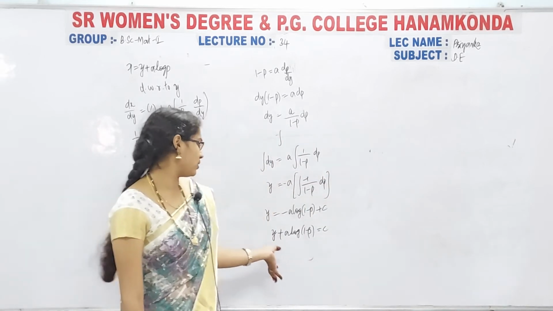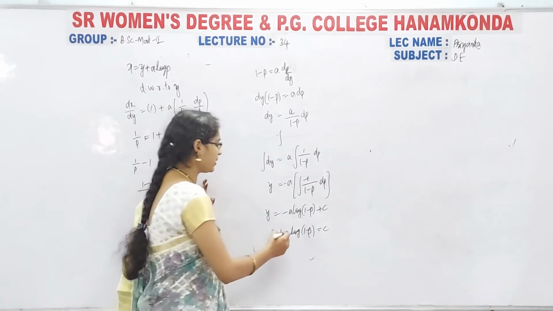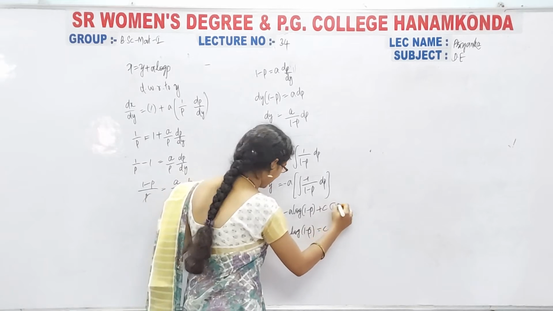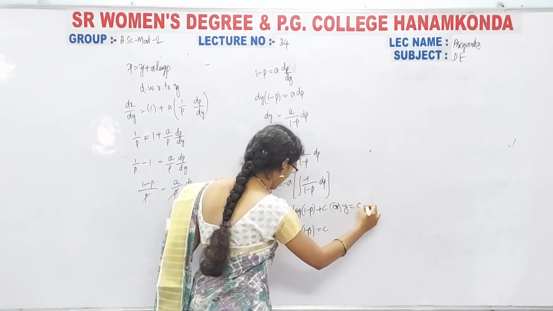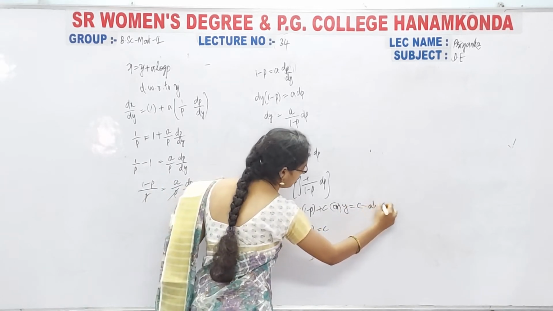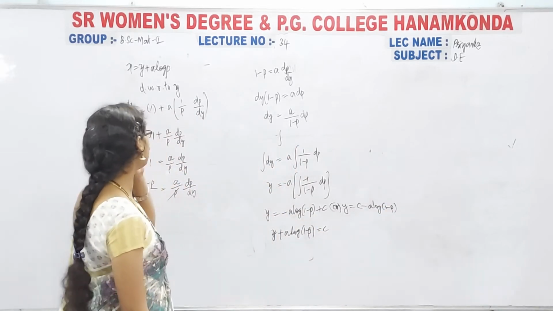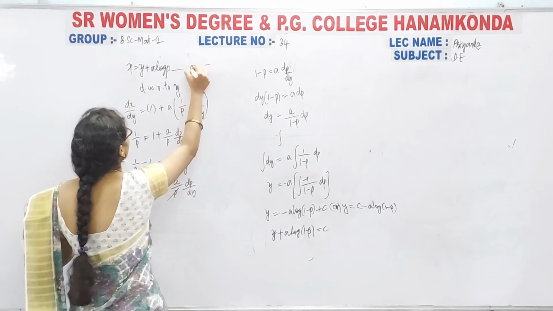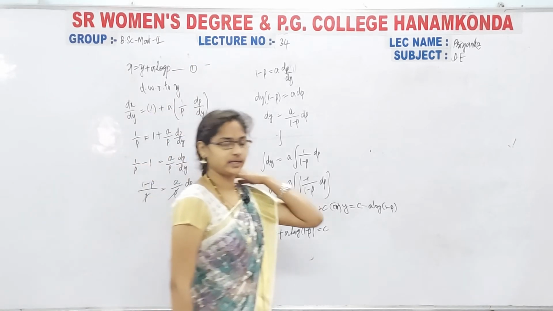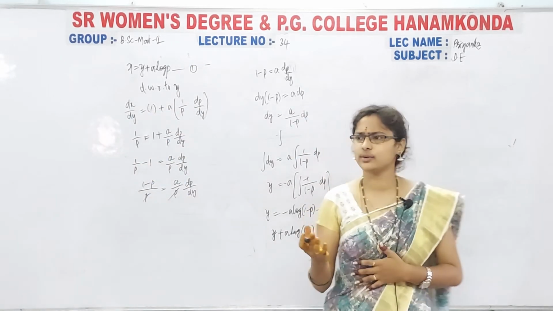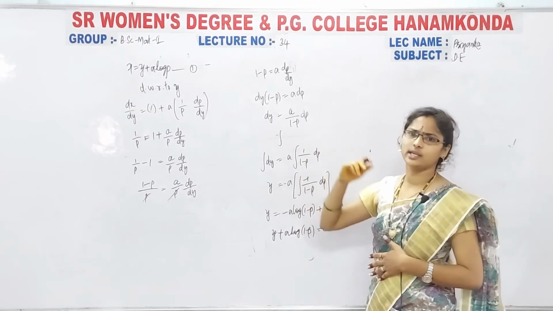So I have the value of y here. Or you can write directly y is equal to c minus a log of (1 minus p). Now, as I said, this is nothing but equation 1. If you want to continue, you can substitute this y value in the given equation.